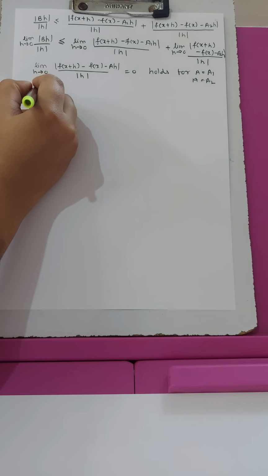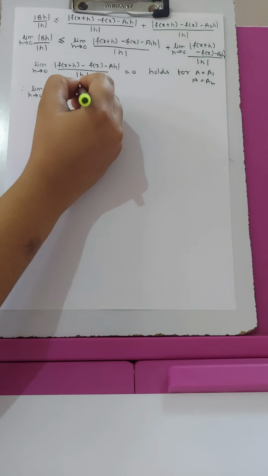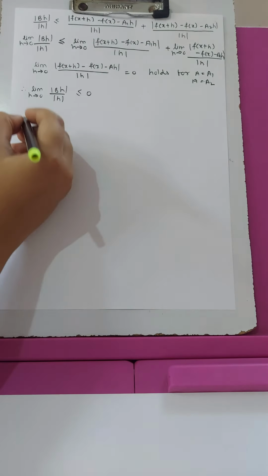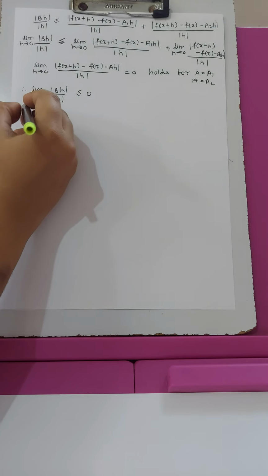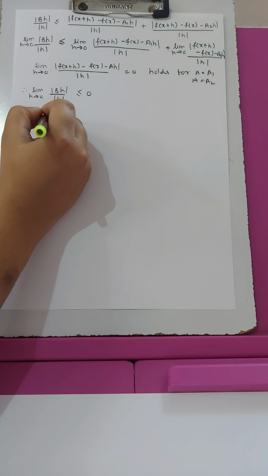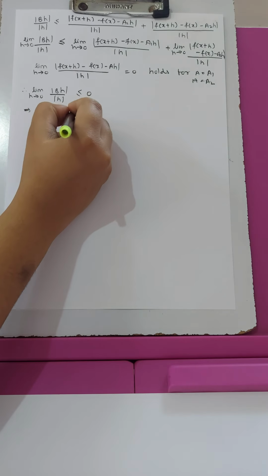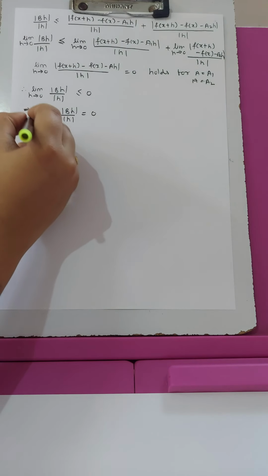Therefore we get limit h tends to 0 mod of bh upon mod of h less than or equals to 0. So this implies that limit h tends to 0 mod of bh upon mod of h is equals to 0.